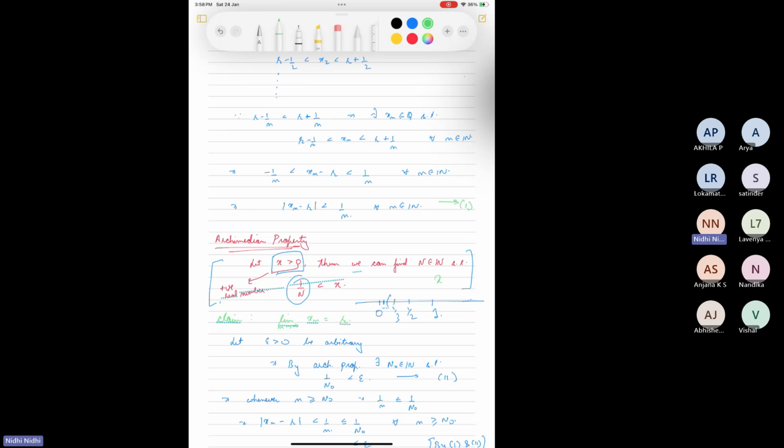If x was greater than 1, then obviously all 1 by n will be less than x. And if x was less than 1, then no matter how small it is, we all know that the sequence 1 by n is eventually going to 0. So we can find as small a 1 by n as we want. That is the main thing that we used.